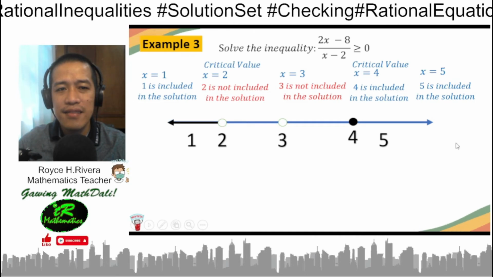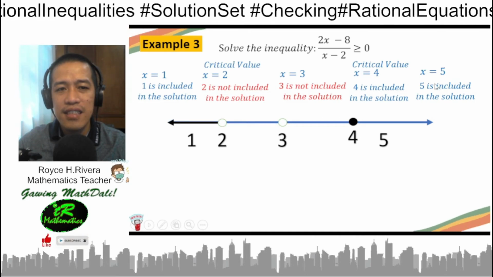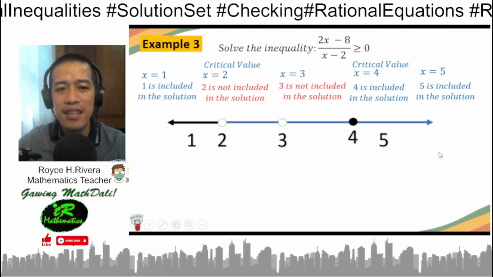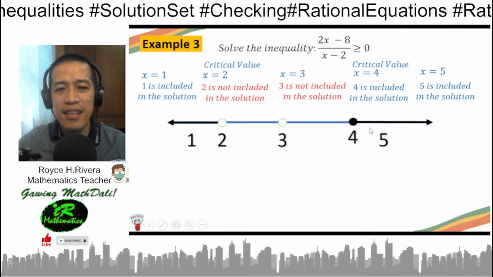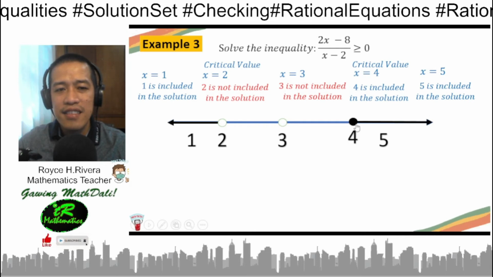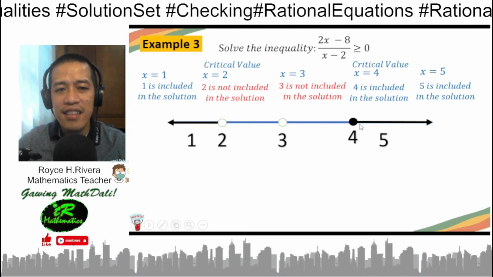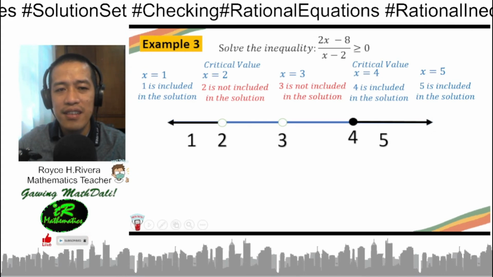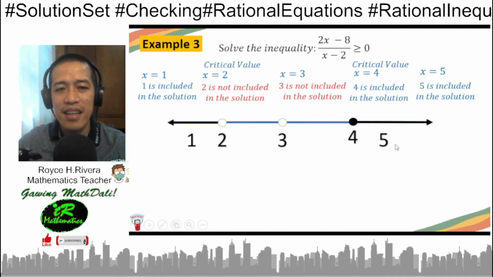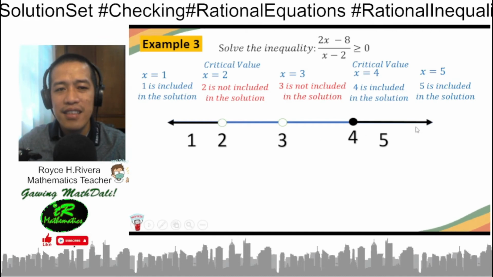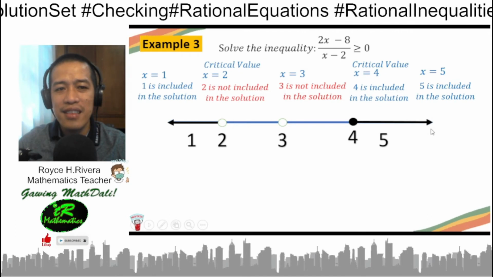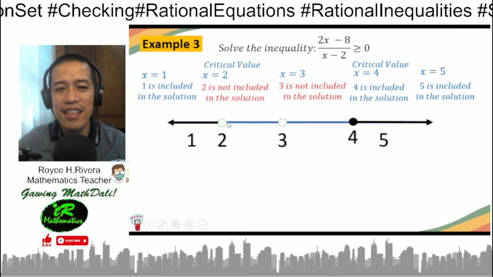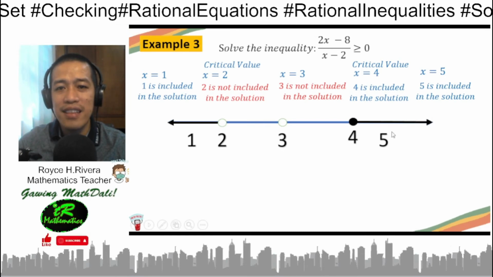And last, since 5 is included in the solution, meaning the interval greater than 4 or numbers greater than 4 or set of numbers greater than 4 will satisfy the inequality. That interval is included in the solution.